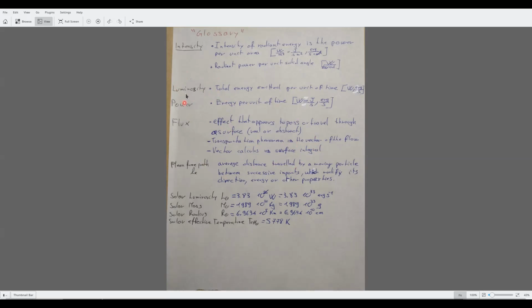That's the reason why sometimes flux means some unit per unit of area, and sometimes you consider all this unit flowing through a surface.